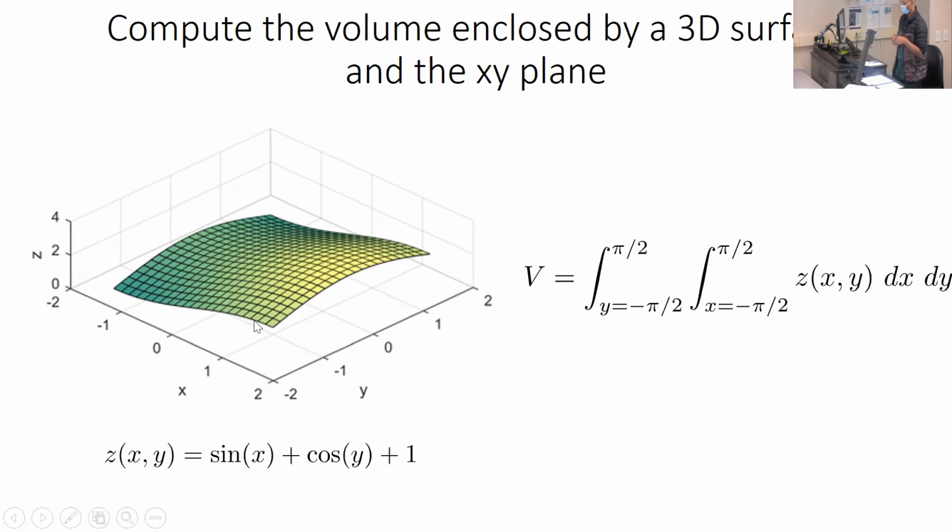For a stick, a square cross-section stick. Multiply by the length, okay? Which is what? Which is this guy, z. Does it make sense now why we have z times dx times dy? It's basically height times delta x times delta y. That gives you the volume of one stick.